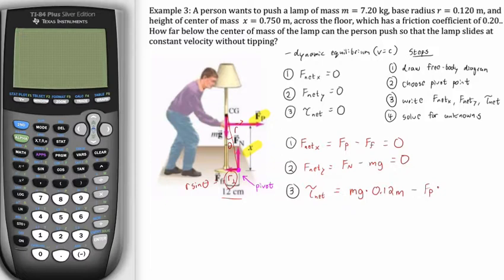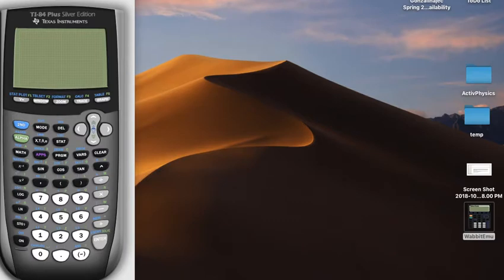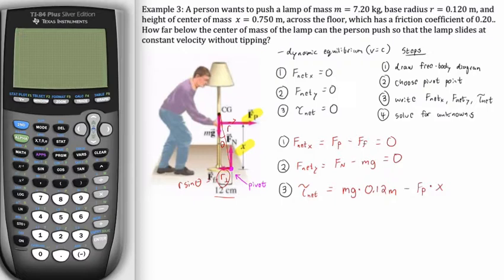And again, the angle is going to be 90 degrees because this force is perpendicular to this distance. Right, so if you just look right here, that creates our perpendicularity. All right, so of course, we need to write that these torques are equal to 0. Okay, so now we want to solve for Fp and x.